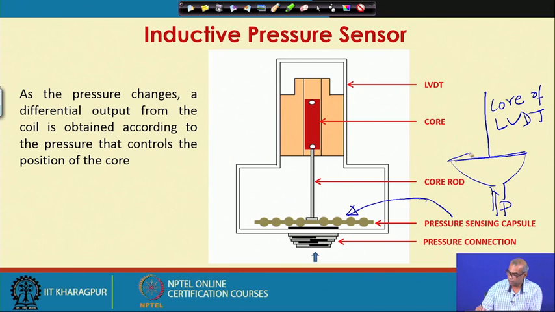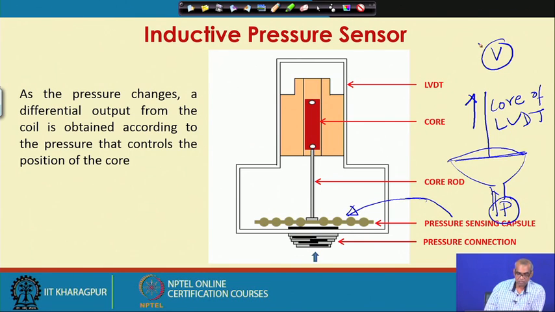So, the diaphragm will deflect. If the diaphragm deflects, the core will move up. So, that displacement will cause the LVDT to give a voltage as an output. So, this pressure will be related to the output voltage from the LVDT.